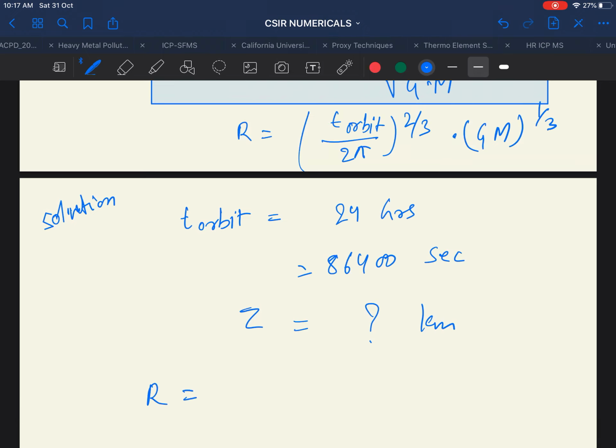Now let's put the values in the given formula.